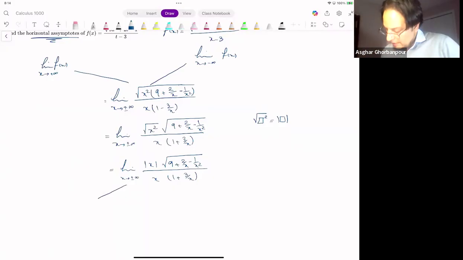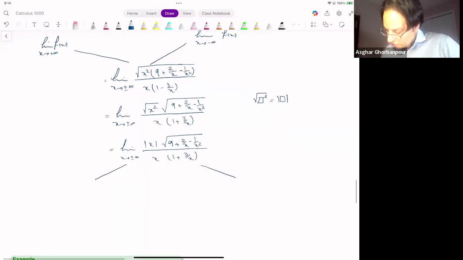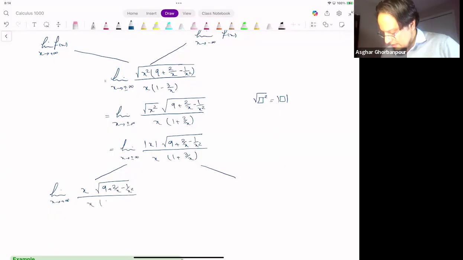So here now I have to separate. If it goes to plus infinity, the absolute value of x is actually x. And then I can cancel these two and then find the limit of this.